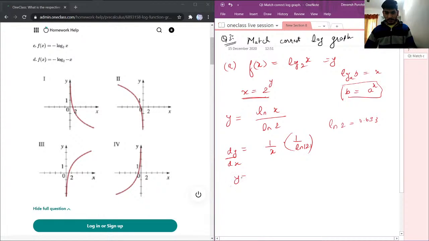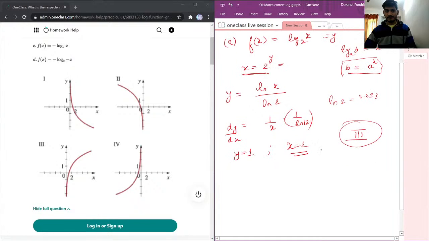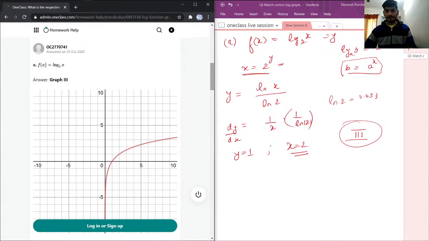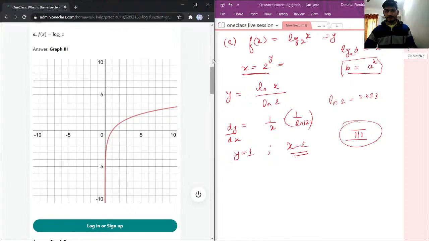If I put y equal to 1 in this equation, my x will be 2, so it is going to be a positive value. So with positive slope, and for y equal to 1 we have positive x value, for A the option is going to be 3. We'll just cross check with the solution given by Junior Tutor. So yeah, this is the correct solution.